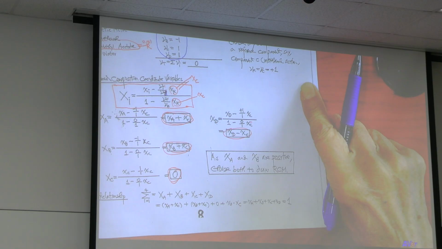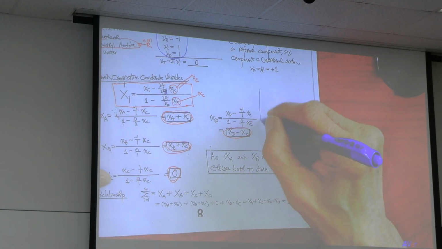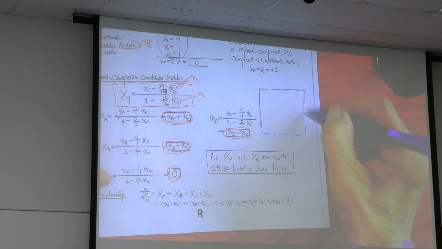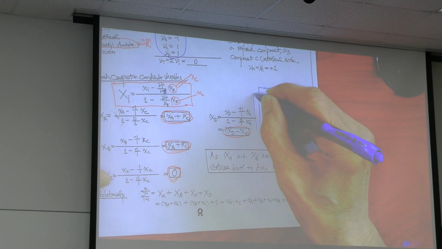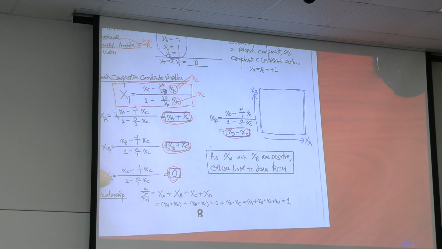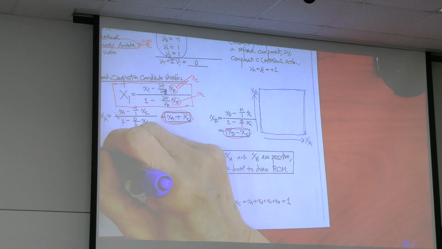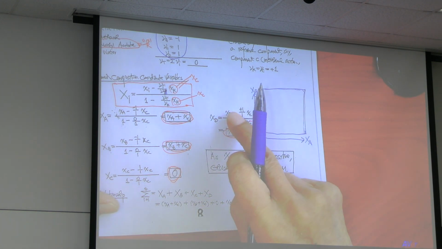Now, we can only plot using 2 variables, like a triangle, square diagram. This could be XA, this could be XB. Since this is always positive, this could be 0.